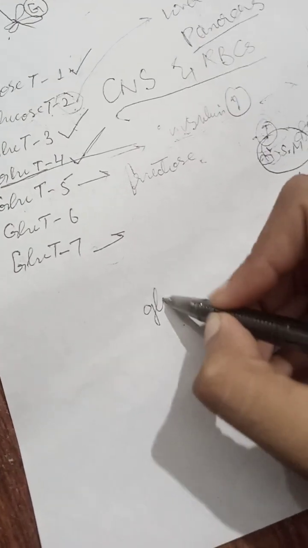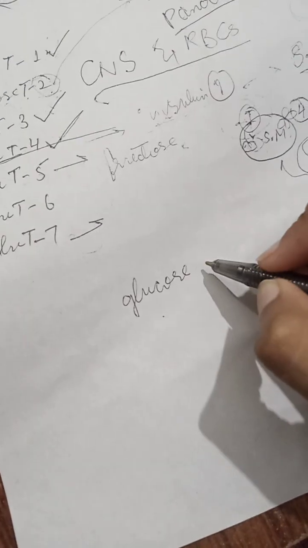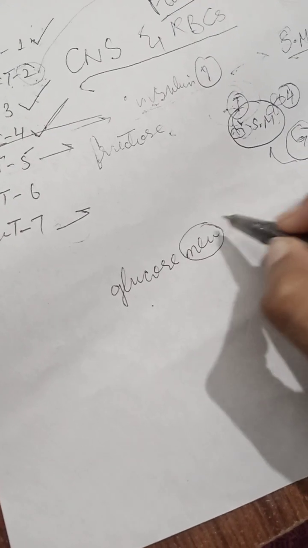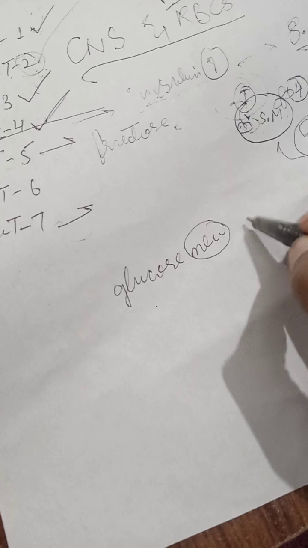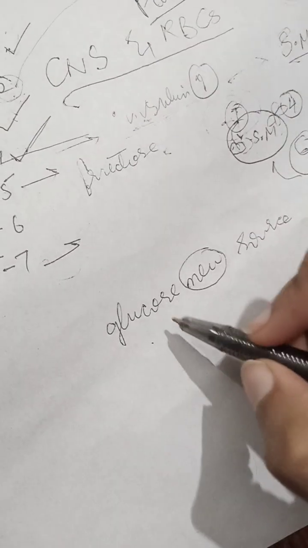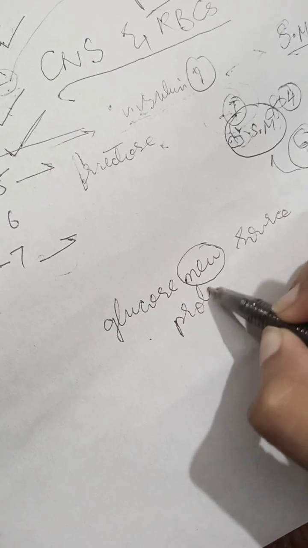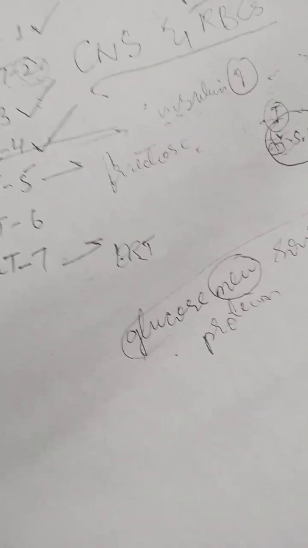Gluconeogenesis is the production of glucose, glucose from a new source, you can say. This is the literal meaning of gluconeogenesis. A new source is mainly proteins, amino acids. So it is a transporter for the endoplasmic reticulum to do gluconeogenesis, to form glucose from the amino acids.